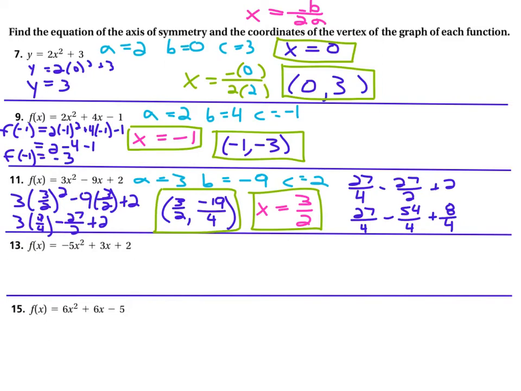So if you don't know how to convert between fractions and decimals, what you're really doing is this. I'm here at number 11. What is 3 divided by 2? If you did the division, it is 1.5. And what is negative 19 divided by 4? It is negative 4.75.